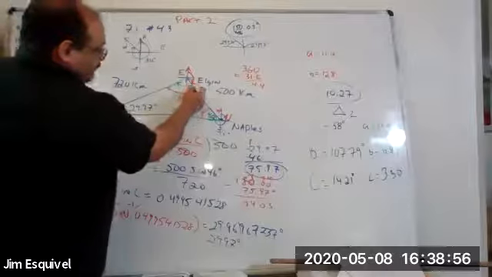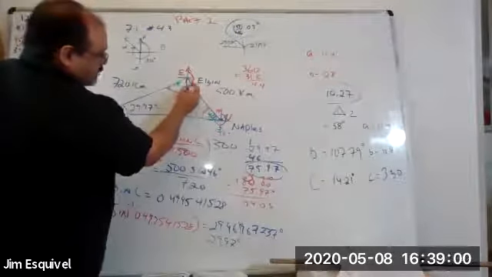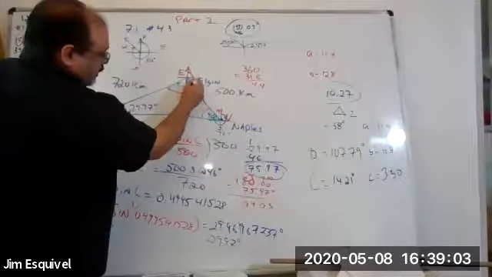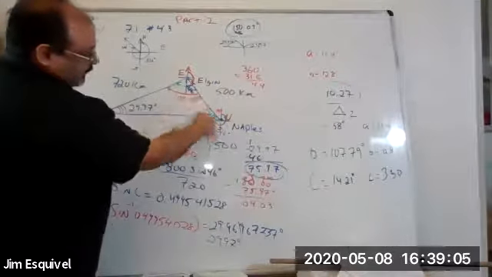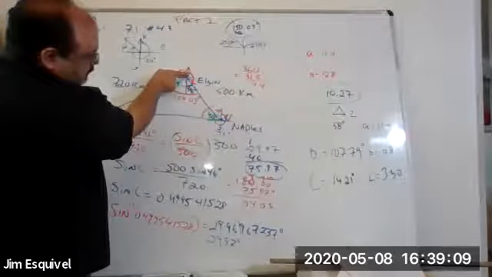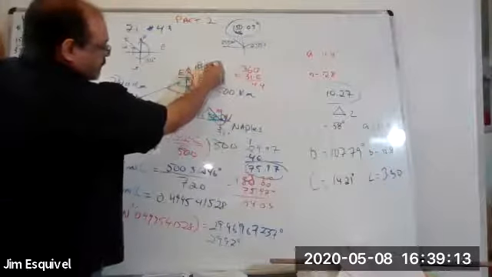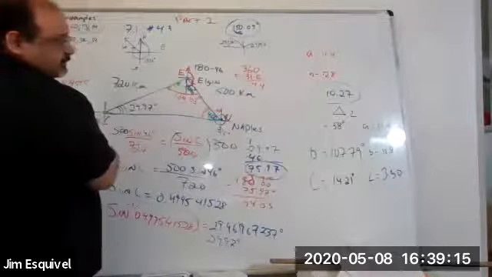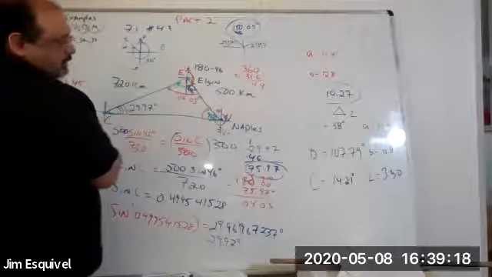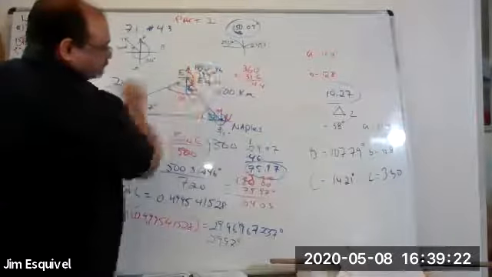this angle, the 46 that I put here, is just this part of the alternate interior. So my little red part up there, 180 minus 46 is going to be 134.